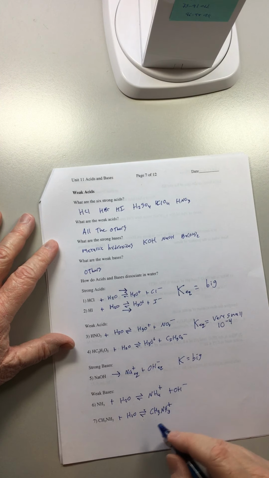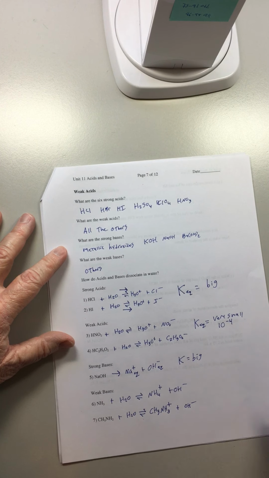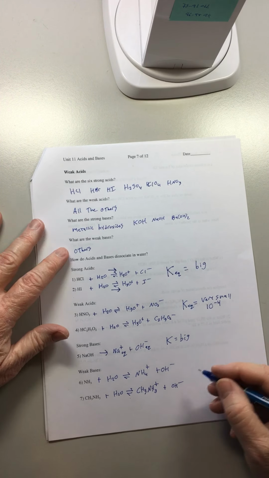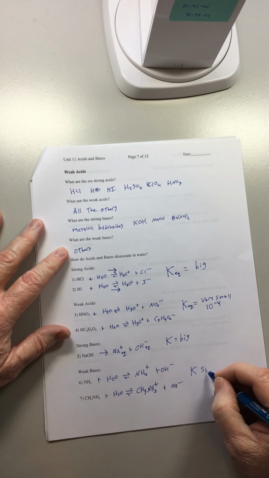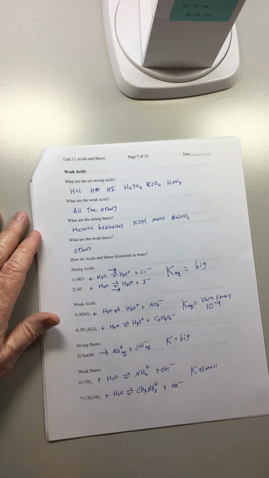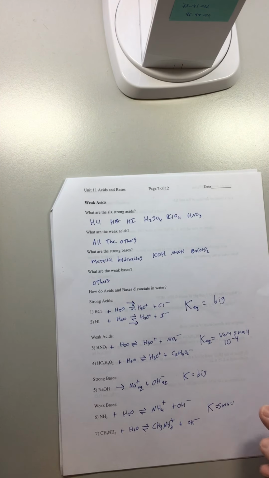NH3 with a plus, we picked up a hydrogen and an OH-. Okay? And for these, the K would be small. So that last chapter coming back to haunt you. Okay, so that's pretty much the end of page 7.